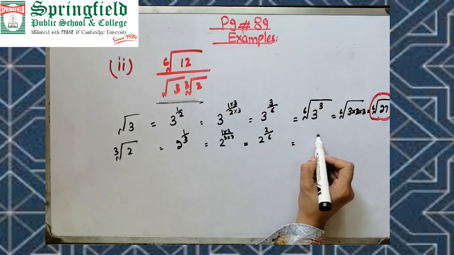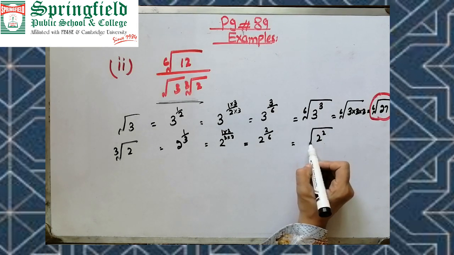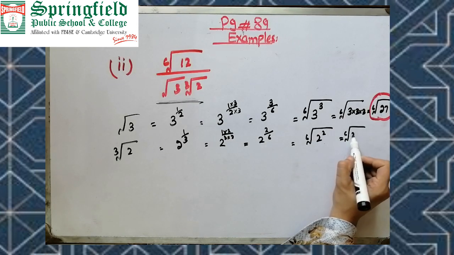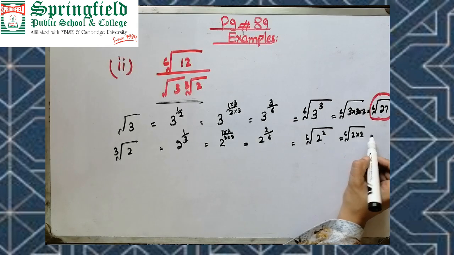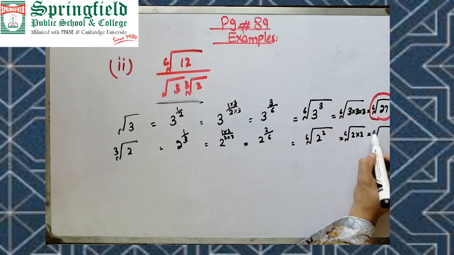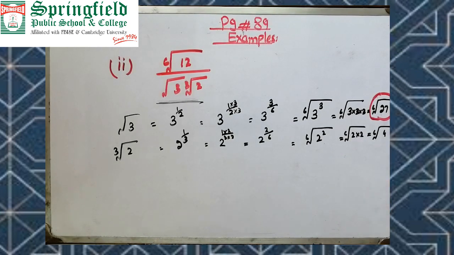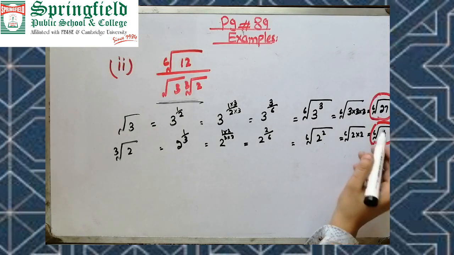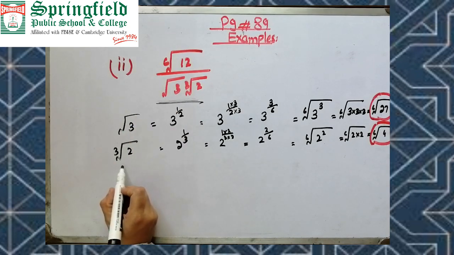And it can be written 2 power 2 and the 6th root. The 6th root of 2 power 2 means 2 will multiply 2 times, and the 6th root of 2 2s are 4. The cube root of 2 is equal to the 6th root of 4. Fine. Now put this value in this situation.